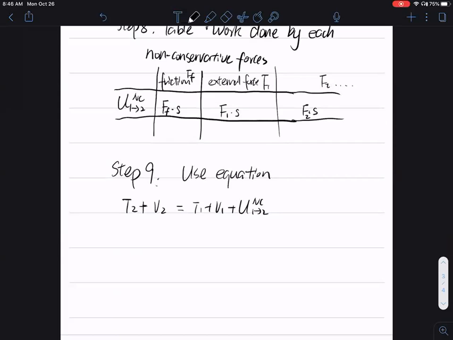So once you have this assembled in step 9, you're able to solve for unknowns. One key difference here is if we look at that equation, do you see any vector notation?